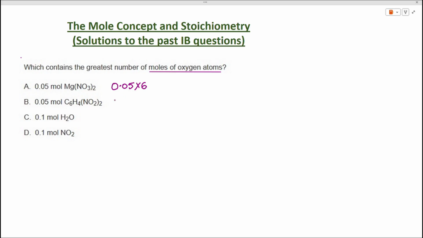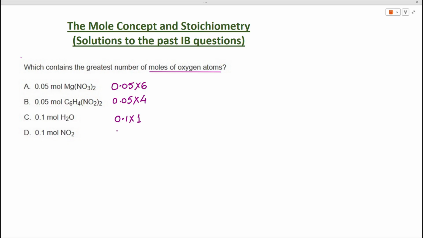For this one, it will be 0.05 multiplied by the number of oxygen atoms, which are 2 times 2, which is 4. For this one, the number of moles of oxygen atoms will be 0.1 multiplied by just one atom.